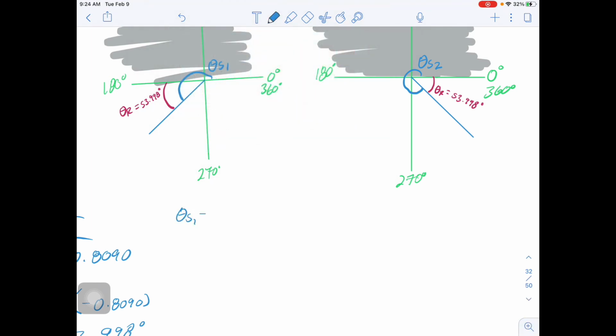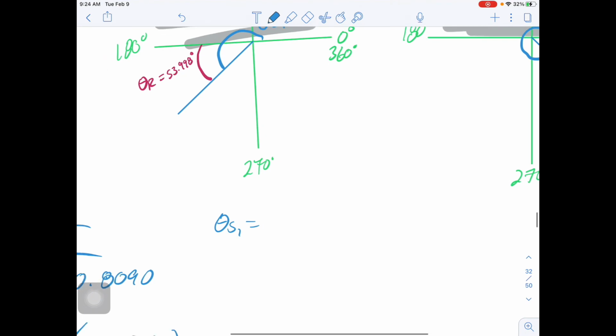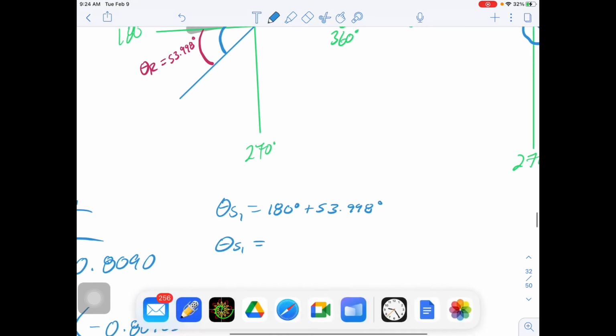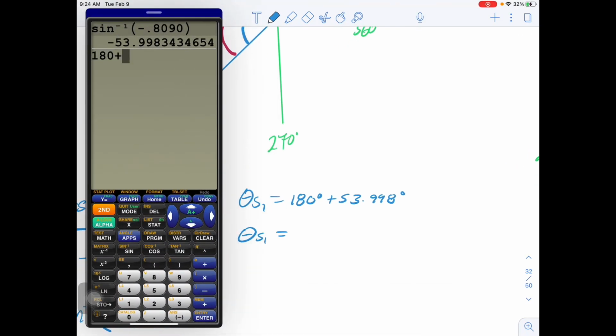So our standard angle 1 is the addition of 180 degrees plus our 53.998 degrees. Let's plug into our calculator, 180 plus 53.998.